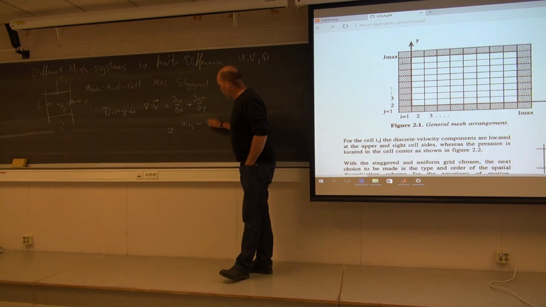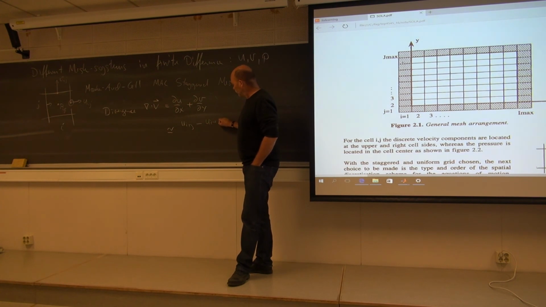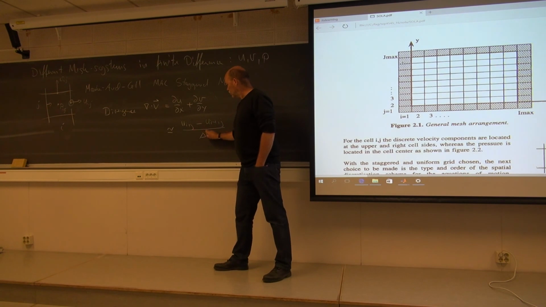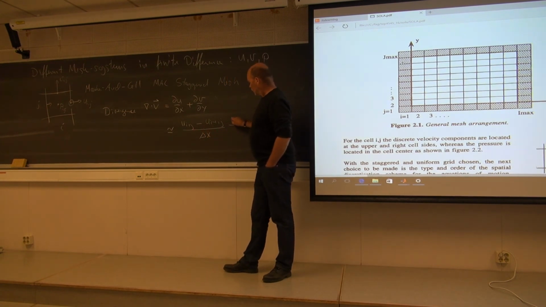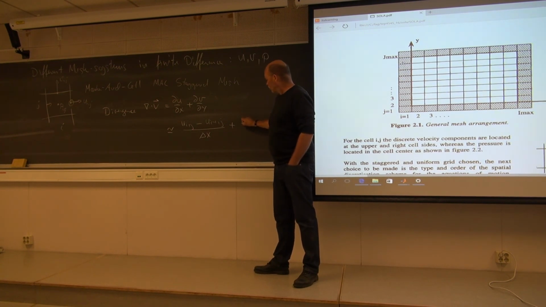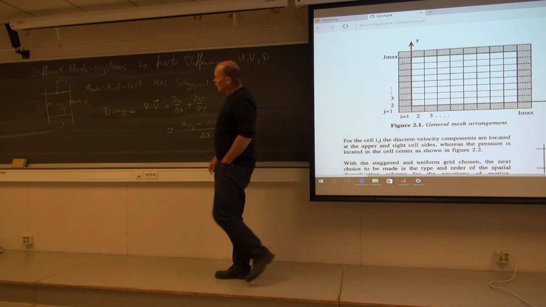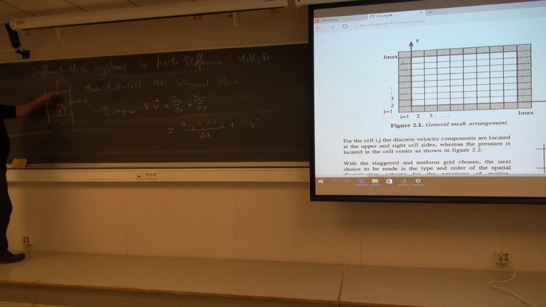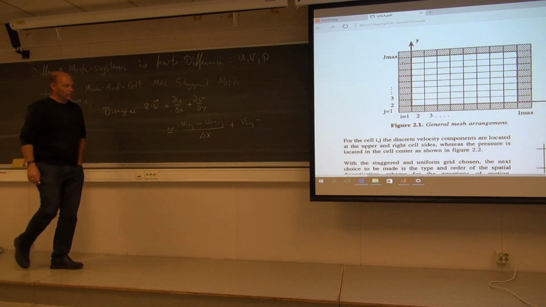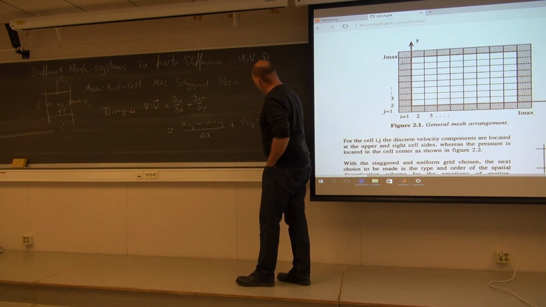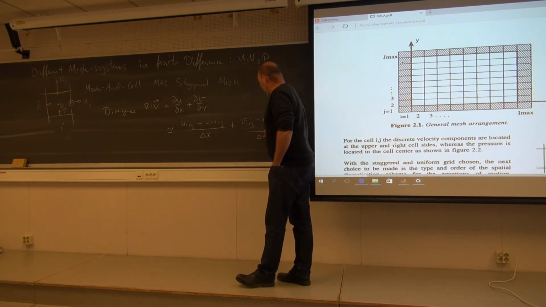That must be u I minus 1 j divided by delta x. And the same goes in the y direction. The top, that's v I comma j minus, and then the bottom down here, you will then have a velocity with j minus 1 as a location. So it's v I j minus 1 divided by delta y.